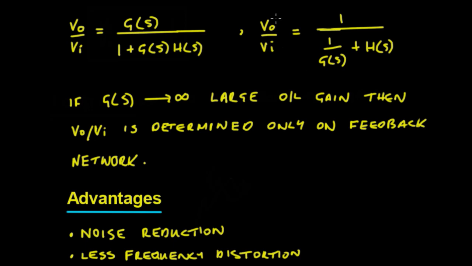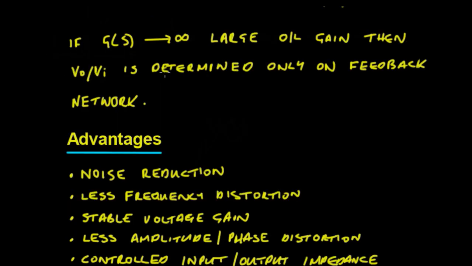So it means that the transfer function there is really only going to be determined by the value of the feedback transfer function H of S and not the transfer function of the op-amp. Okay, so we're only interested in the feedback network, because the feedback network determines the transfer function of the circuit with the op-amp in it.